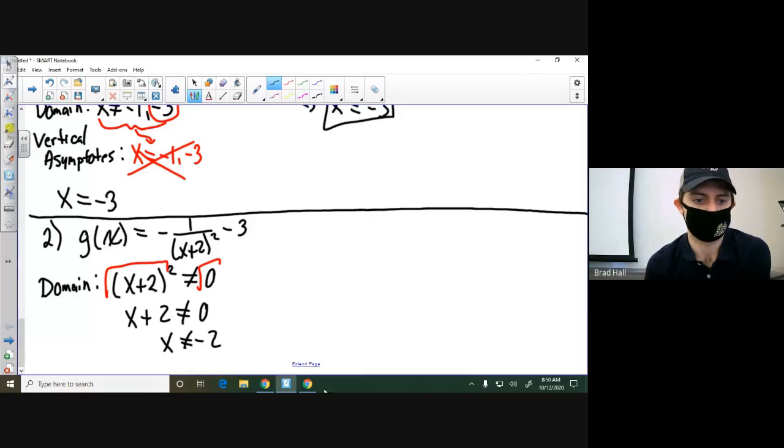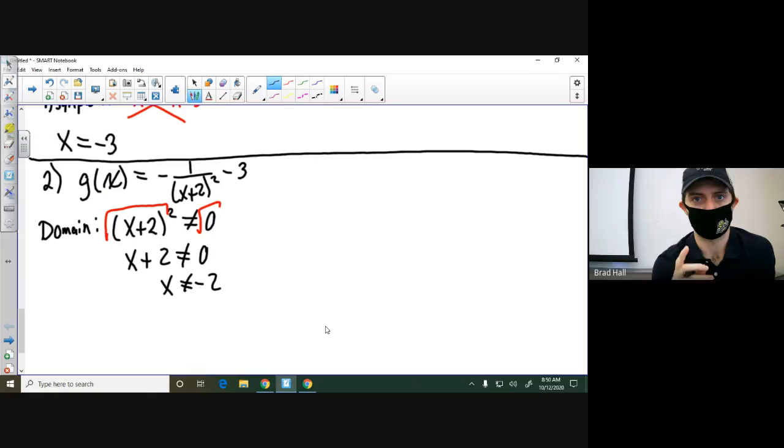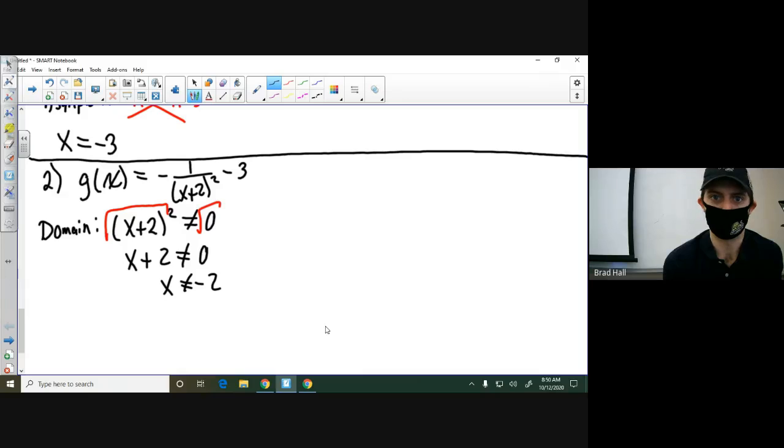And as I mentioned earlier, as long as you don't have a removable discontinuity, this will also represent the vertical asymptote, or this will heavily contribute towards the vertical asymptote.